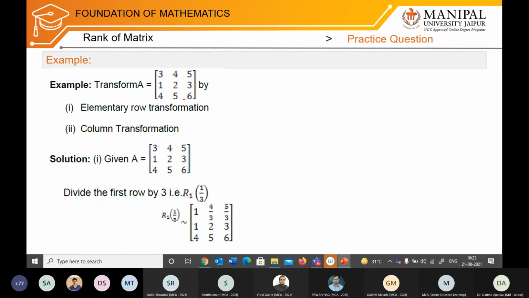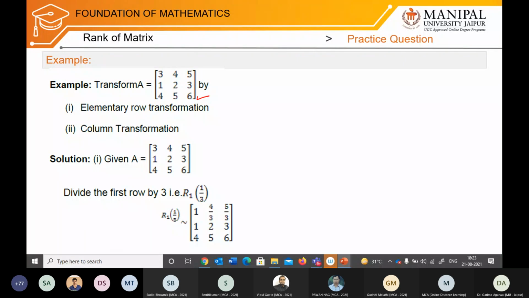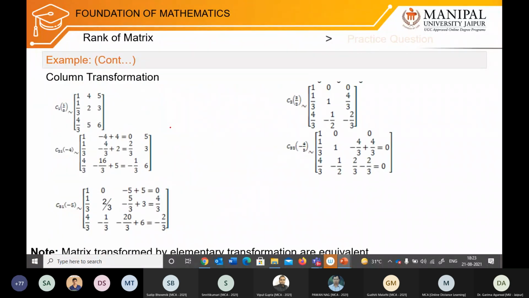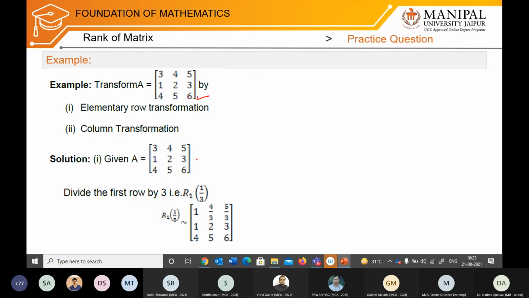Here we have a few examples based on elementary row and column transformations. Here we have a matrix of order 3 cross 3. First of all we need to apply the row transformation and then we need to apply the column transformation.